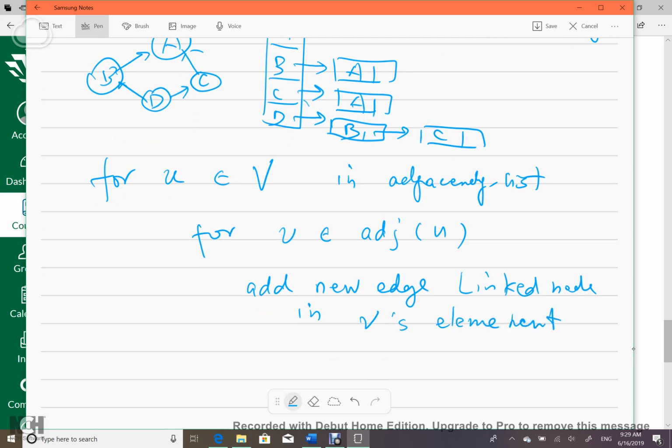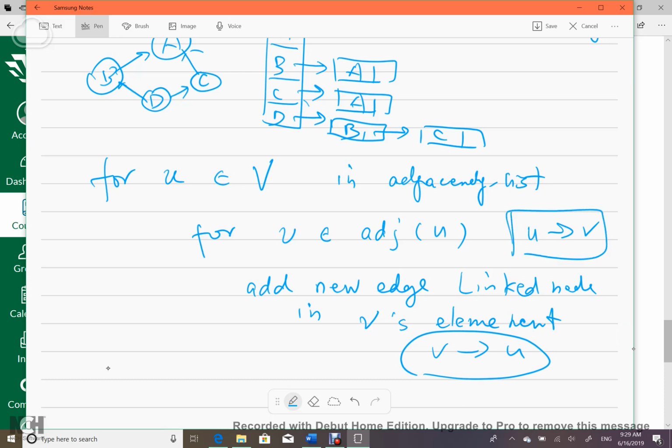So you add these new edges. Corresponding to what you had before, U to V, now it's V to U, right? Add these new edges, V to U. This corresponds to U to V, you add this one.